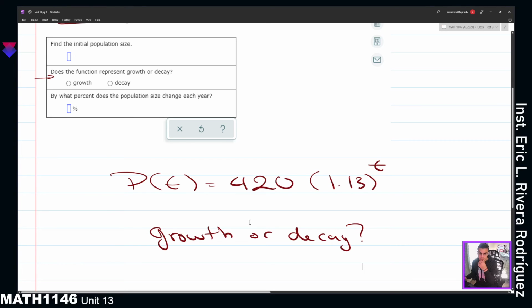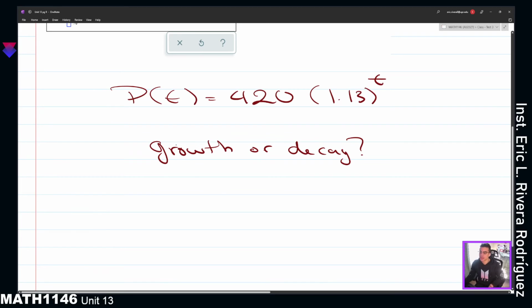The way you can do this is by comparing this formula, because this is a biology problem, with the law of uninhibited growth or decay.